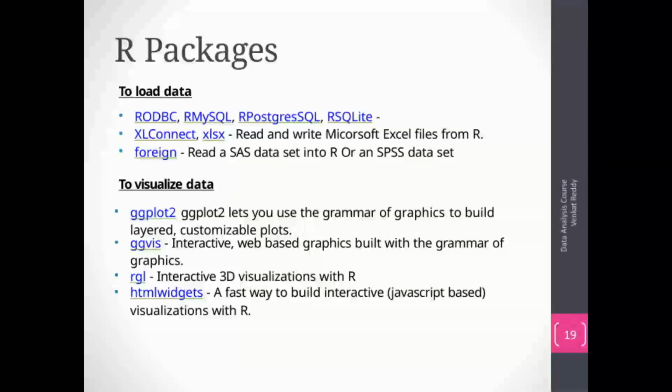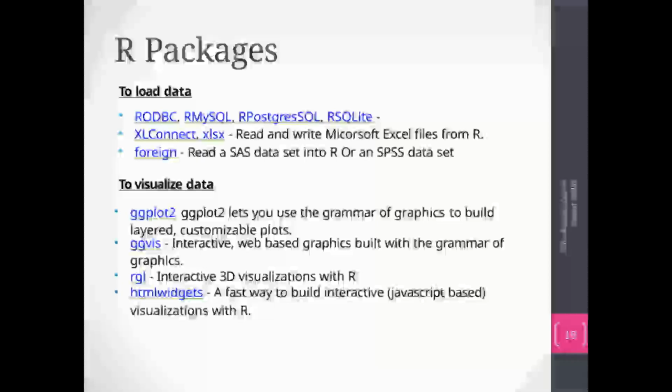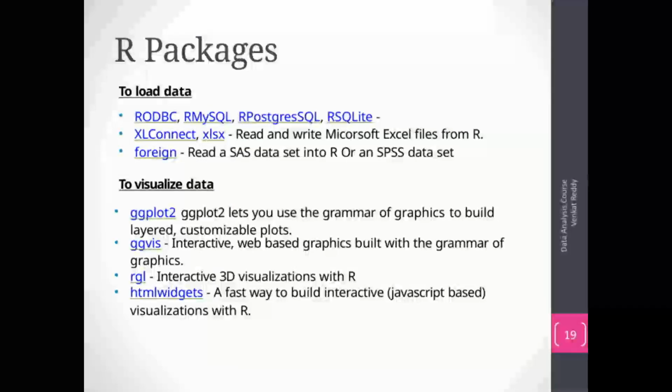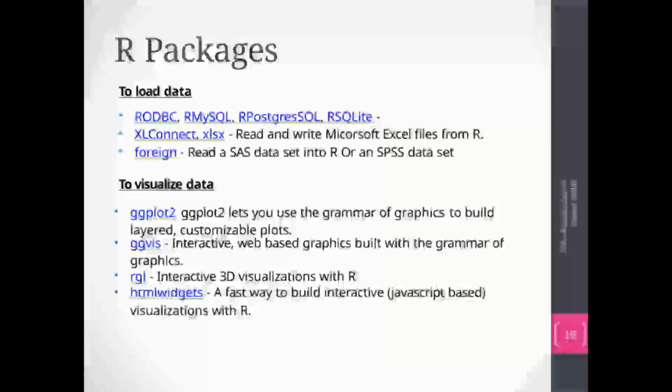Lastly, htmlwidgets offers a quick way to develop interactive visualizations using JavaScript, making your data presentations more engaging and accessible online. All these packages are essential tools in the R ecosystem, enabling us to load, manipulate, and visualize data effectively, which ties back to our overall goal of mastering data analysis with R.